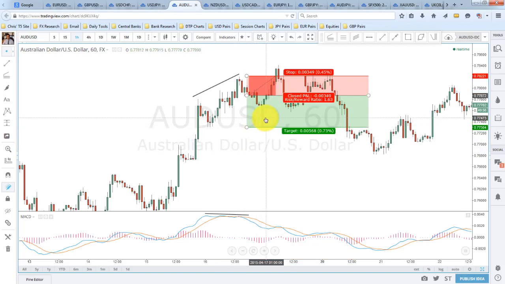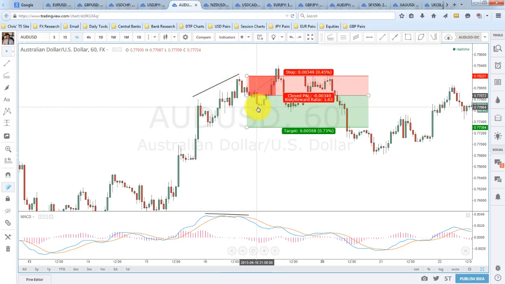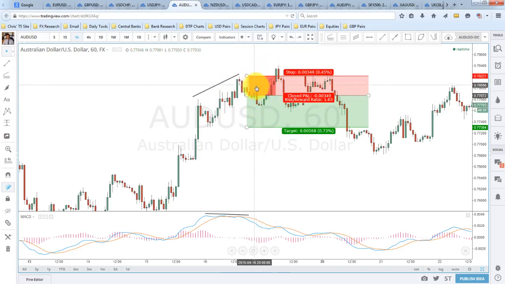Not quite 2 to 1, but not bad. However, you can see what happened here. We came down a little bit, and then rallied up, and would have been stopped out. I don't know if you would have reduced the risk here at that point. Probably not.